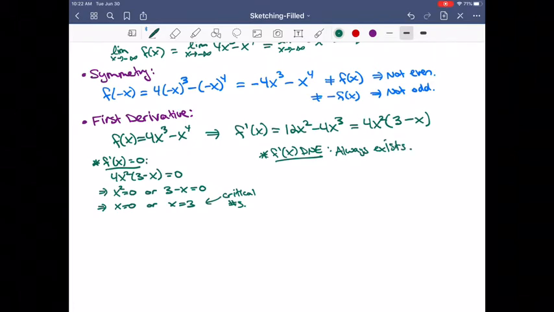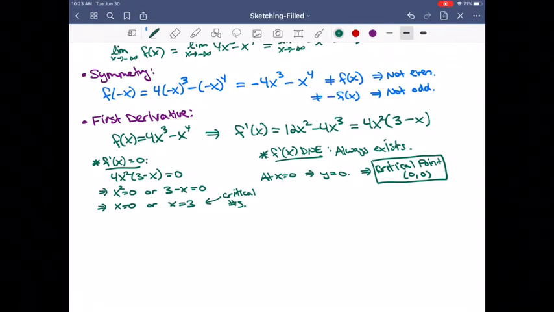We probably want the y values. Okay, so maybe I should write. Okay, so at x equals 0, the y value we actually know is 0. Okay, so we get a critical point of 0, 0. Okay, we already had that point above because it's an x and y intercept.